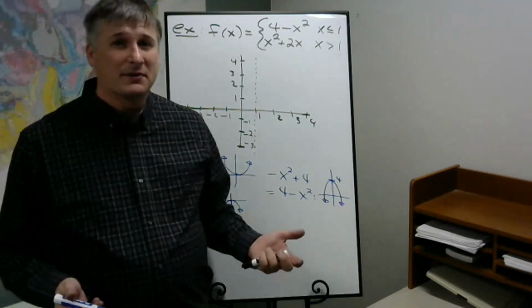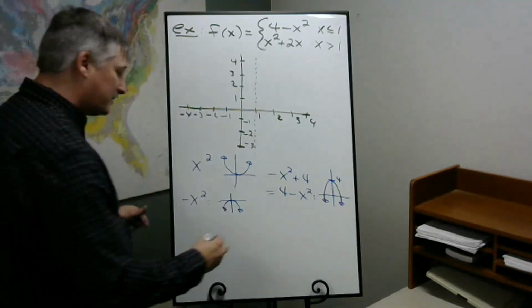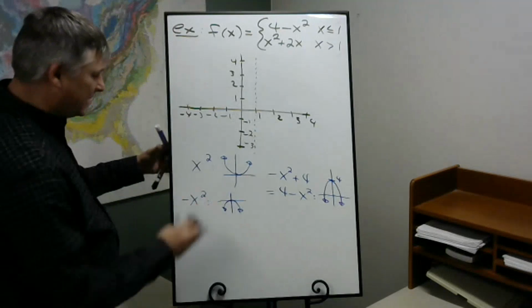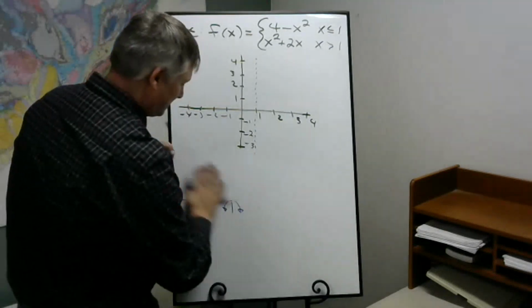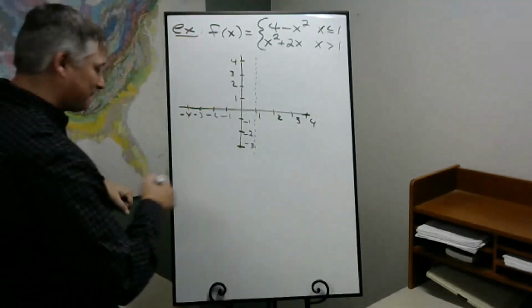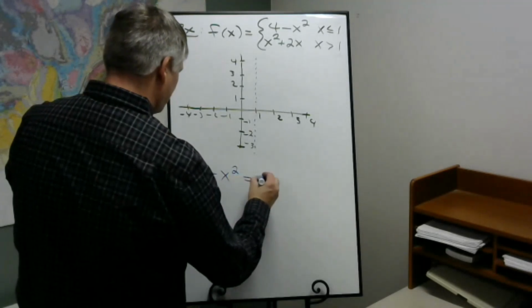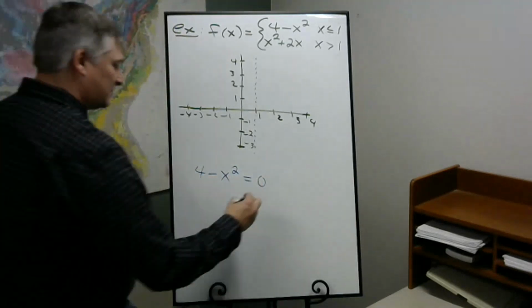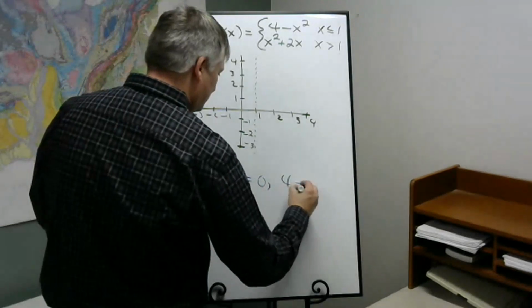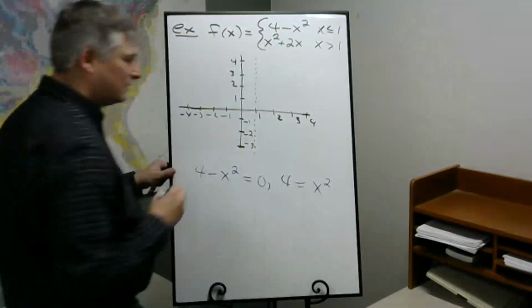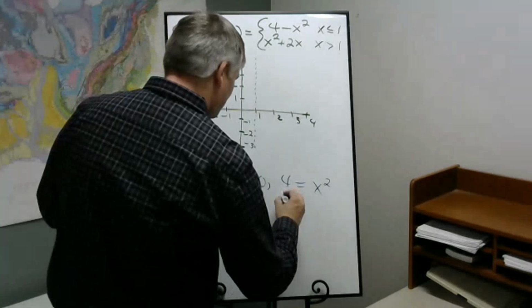Where does this thing cross the x-axis? So to do that, we're going to set our parabola equal to 0. Solve for x squared. We can solve for x.